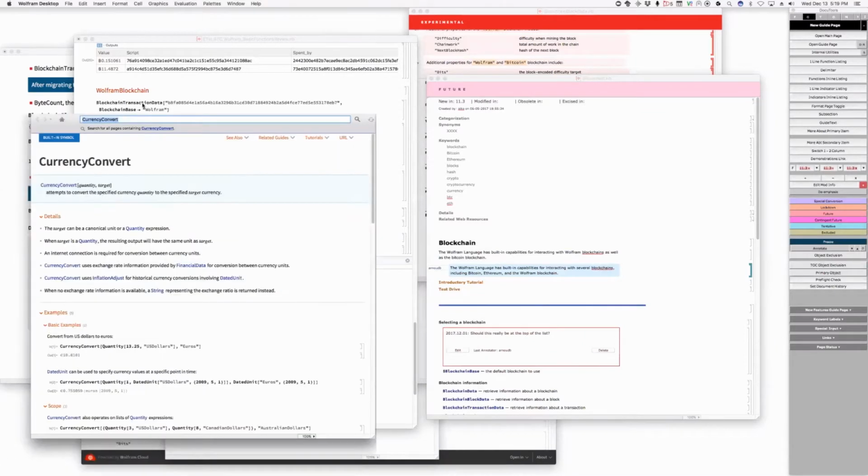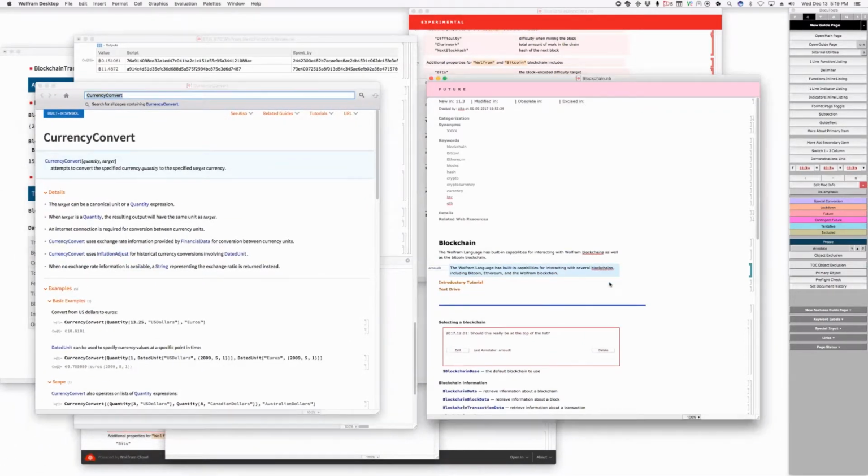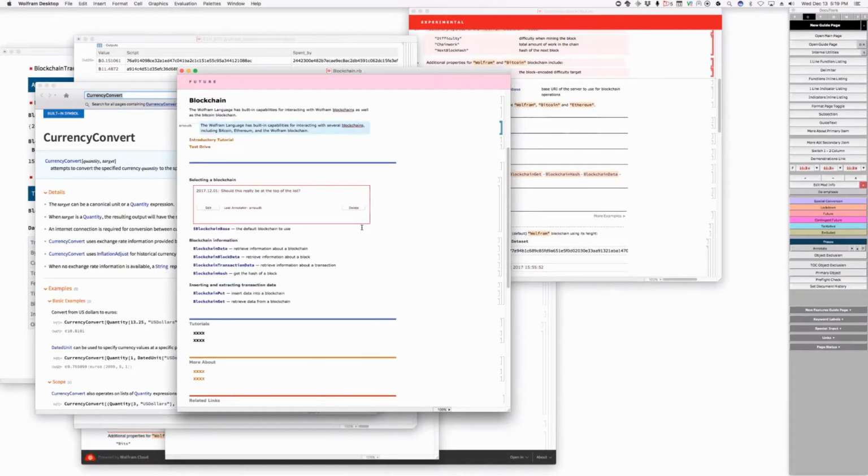So the guide page. Let's take a quick look at the guide page. I don't think I've ever written anything here. Get information about a particular blockchain, get current information about the blockchain.